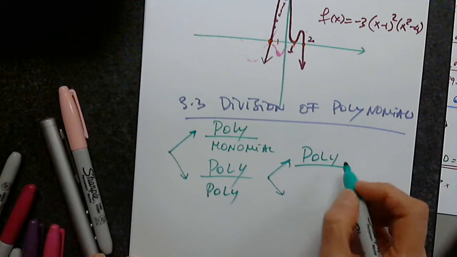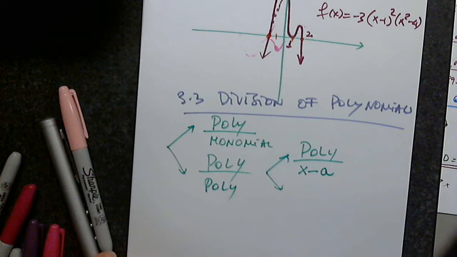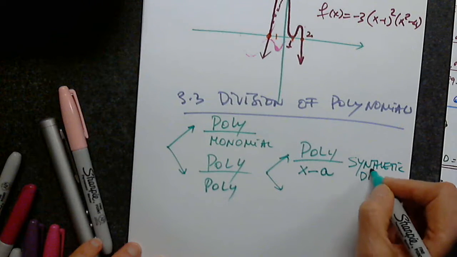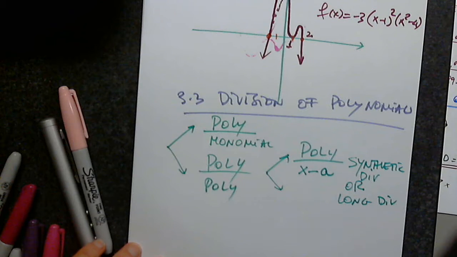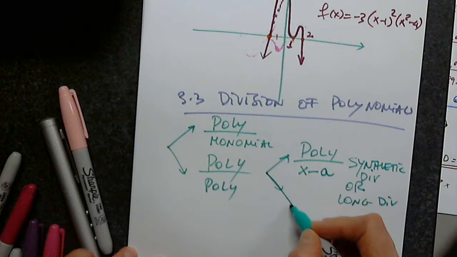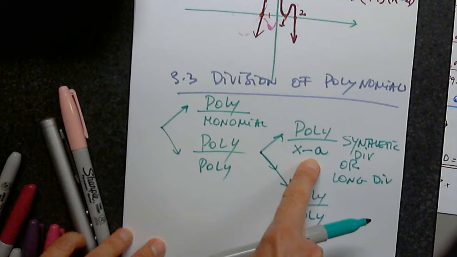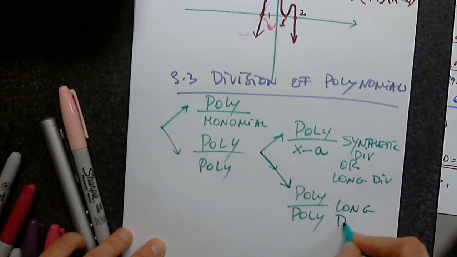If I have a polynomial divided by x minus a, I'll explain when we get to it in a minute, I can use synthetic division or long division. Both work for such a situation. If I have a polynomial divided by a polynomial, not x minus a, then only long division works.